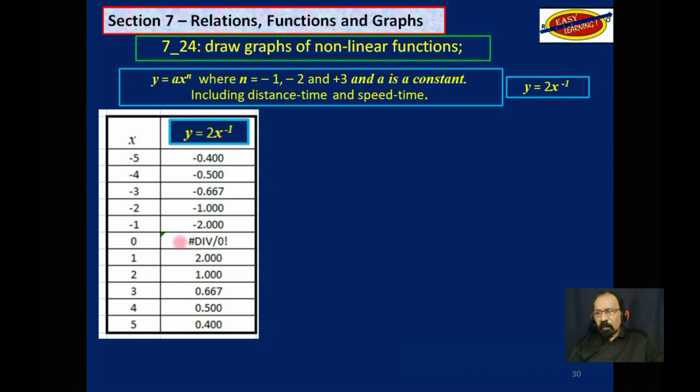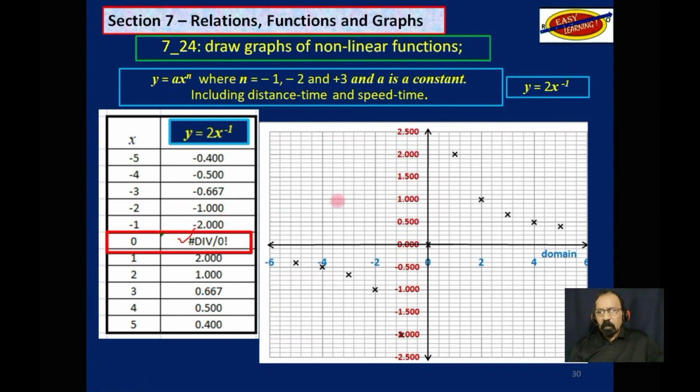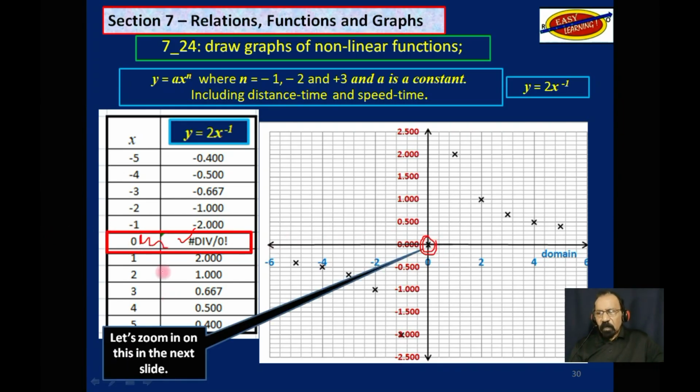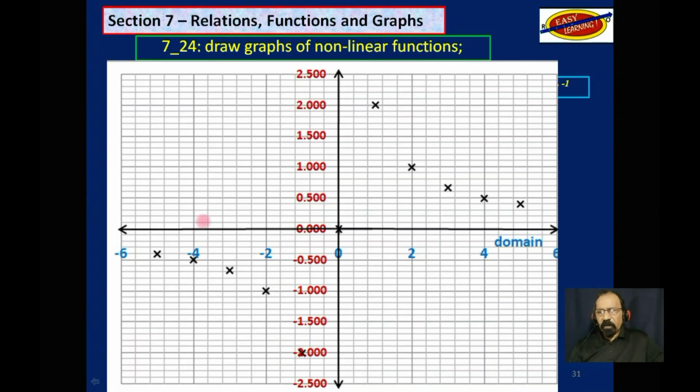Now, if we plot this, as I will do using the computer program, you'll get something like this, but notice this point here is included, 0, 0. But we said 0, 0 is not a point. Let's zoom in on this in the next slide, and you get this.